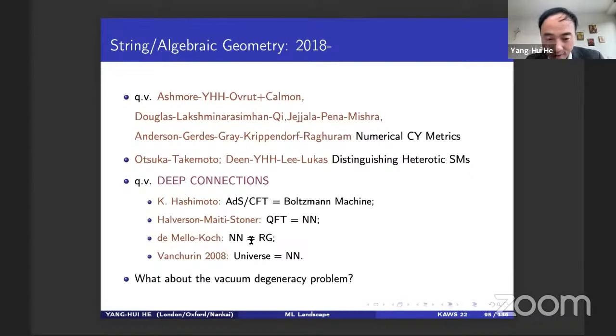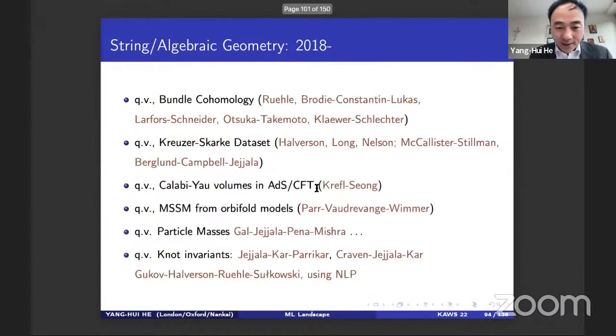De Mello Koch and friends rephrase that the RG flow is a neural network. And Vanchurin has this very ambitious idea that the entire universe is, in some sense, a computational neural network. So this is kind of interesting.